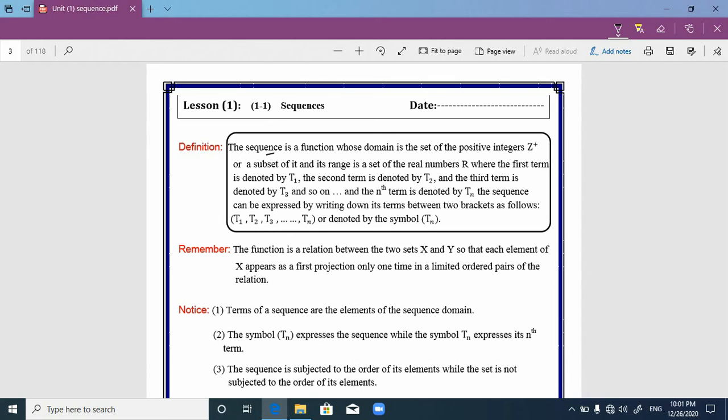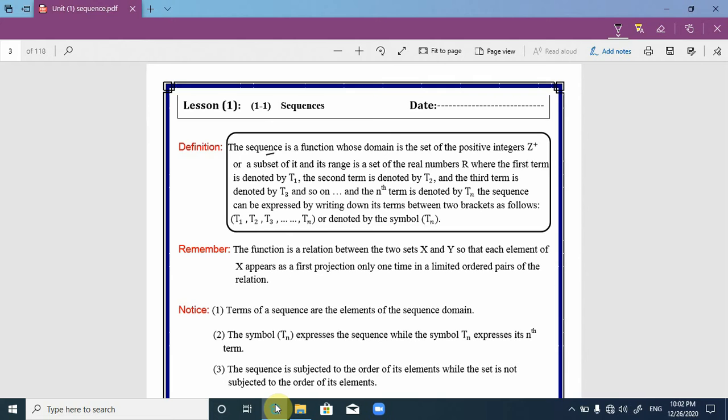A sequence can be expressed by writing down its terms between two brackets, as you know: T1, T2, T3, and so on to Tn, or denoted by Tn between brackets.